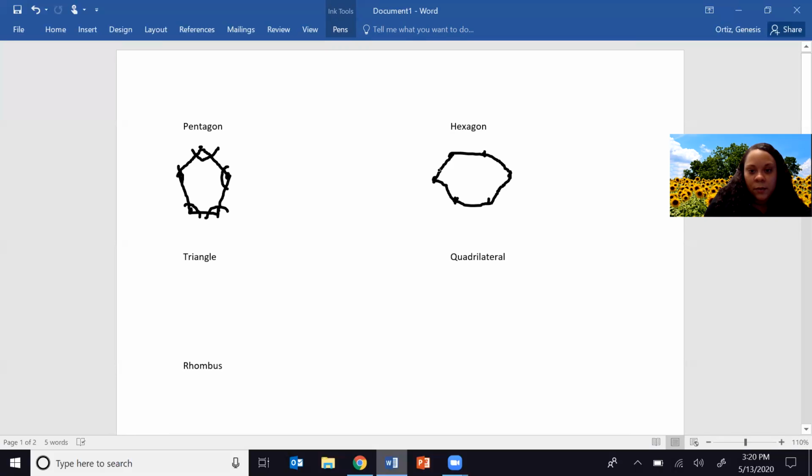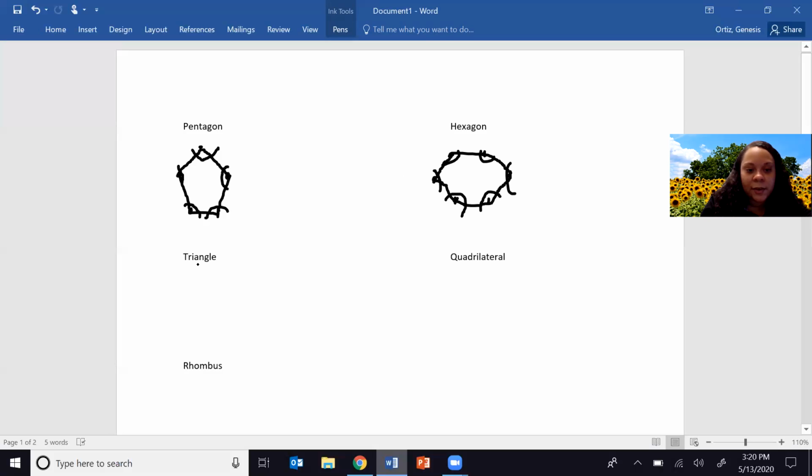Okay, 1, 2, 3, 4, 5, 6. Just make sure yours looks better than mine because mine looks a hot mess because I'm doing it on the computer. So as you can see, it still has 6. It's not clear on here, but I'm sure yours would look a lot better.